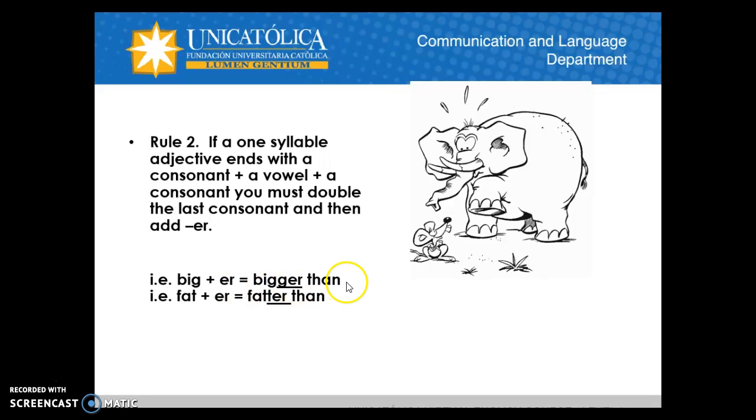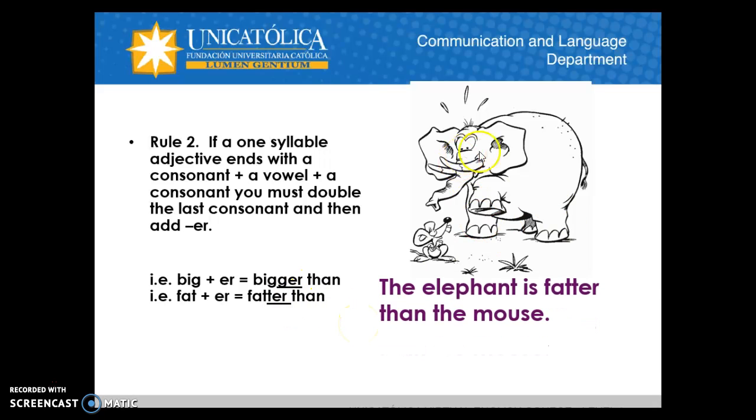So bigger than, fatter than, okay? Always use that. Look at the picture. So the elephant is fatter than the mouse.